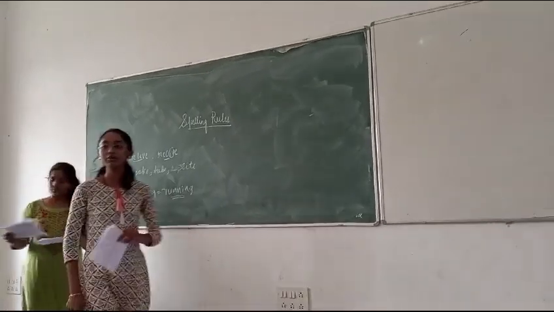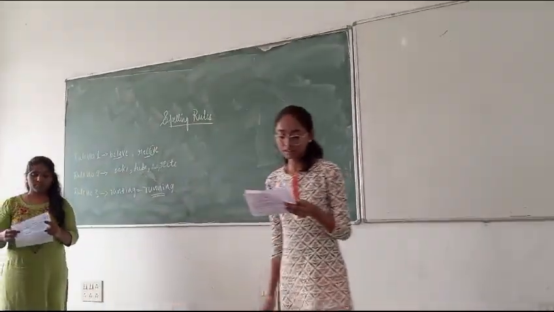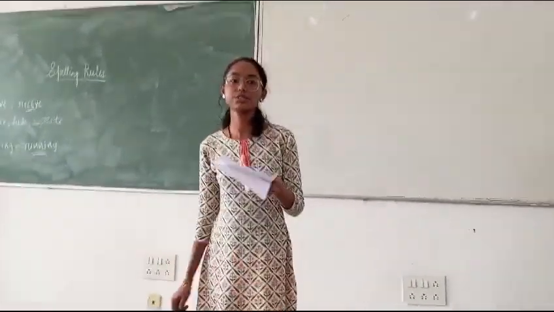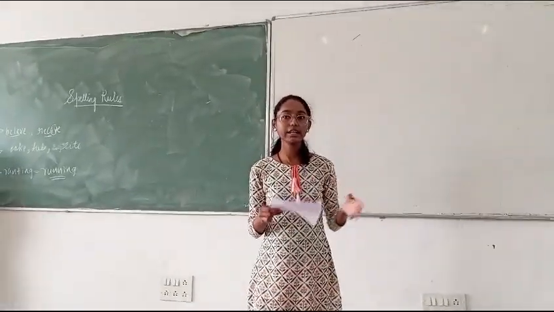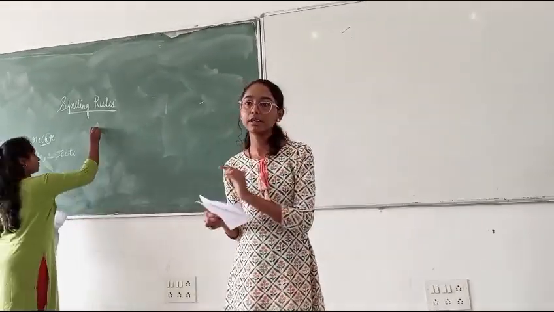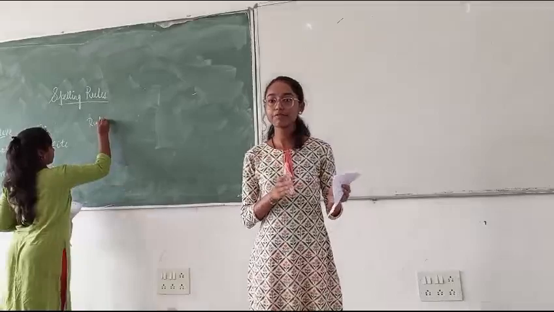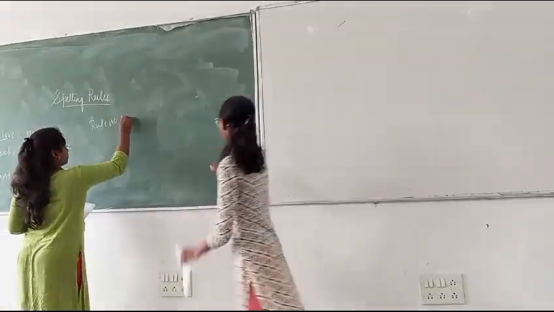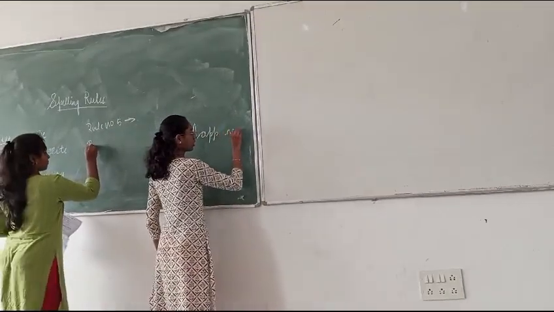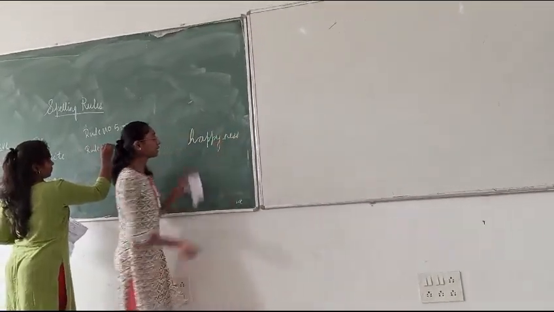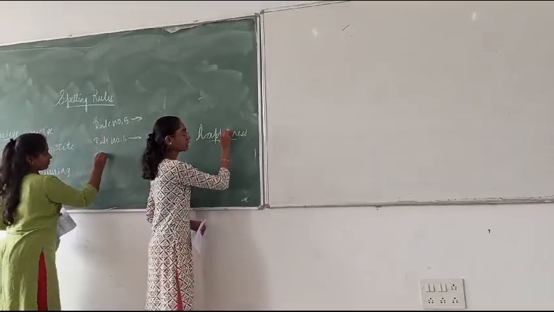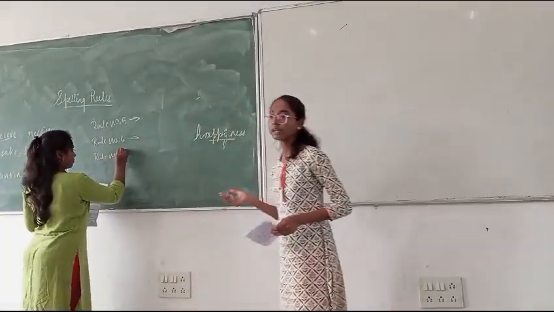Next is the Y rule. Here, when a word ends with a consonant followed by Y, take the word happy. If we add a suffix to make happiness, when we join it together we replace Y with I. So it becomes happiness.